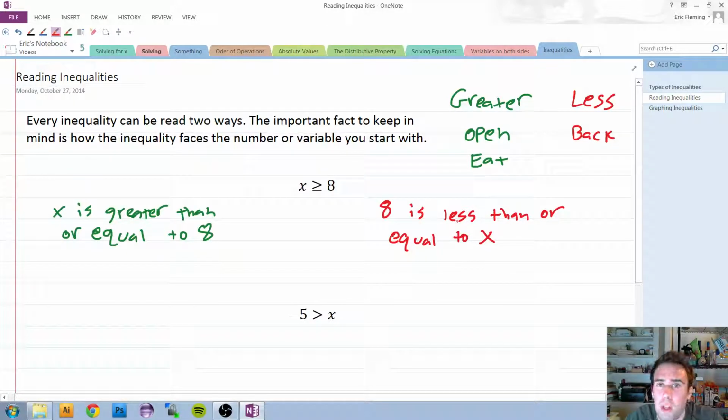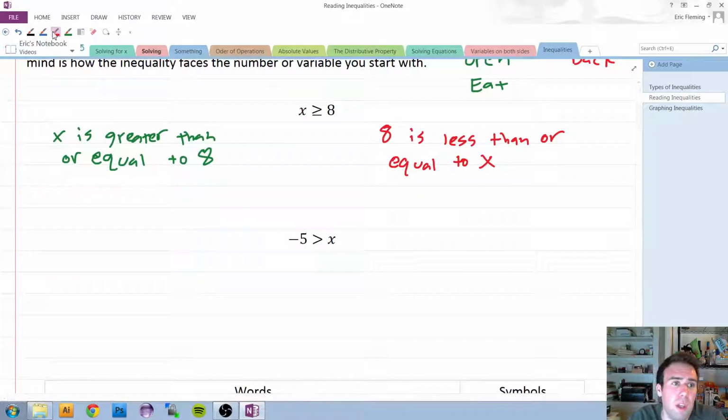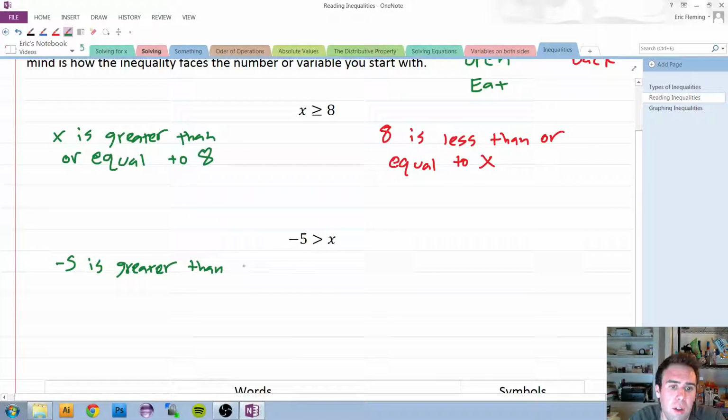So as we can see, whichever way we read it, either left to right or right to left, we're switching between greater than or less than. The sign itself just depends on what you're focusing on. Let's take a look at the example below. Here I have -5, if I focus on that first, and it's opening up to it again. So -5 is greater than x.